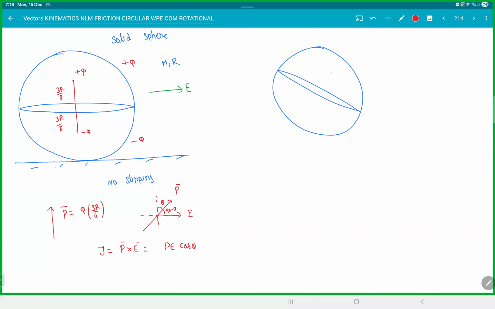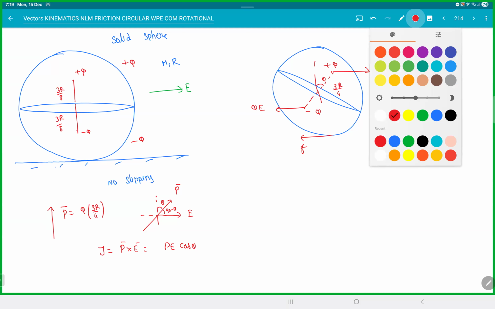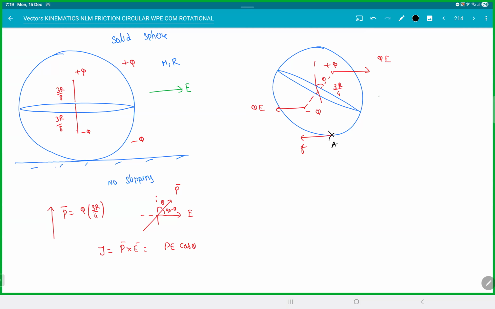Or if you don't like all that dipole thing, you can just treat it like this: plus q, minus q. You get the same story. This is qE, this is qE. This distance was 3r/4, and this angle was theta, and this was your friction. And you're taking torque about A. So torque about A will be qE into 3r/4 cos theta is equal to I about A into alpha. a is equal to R alpha.